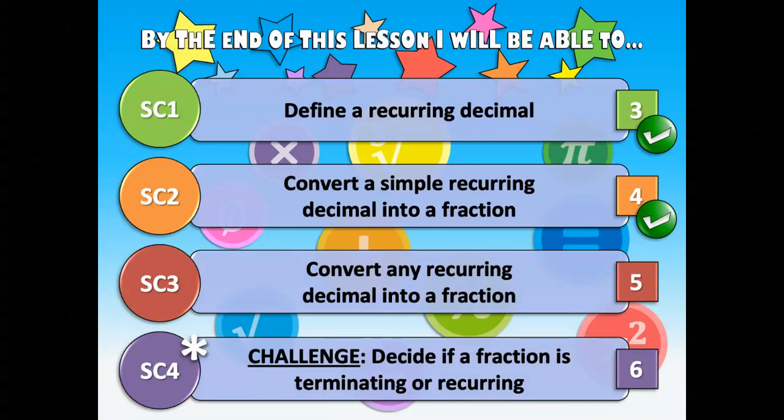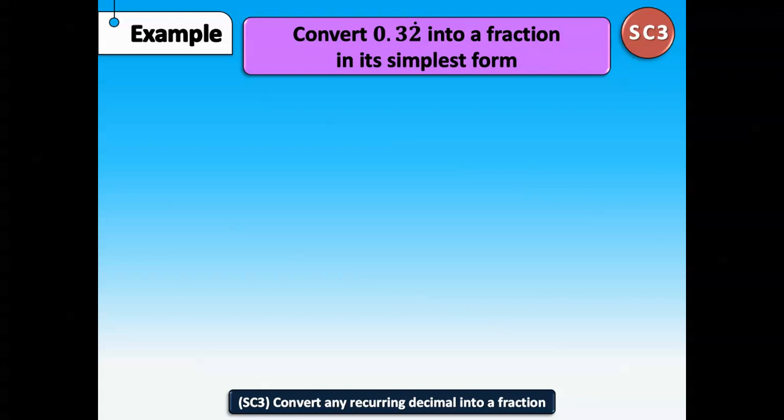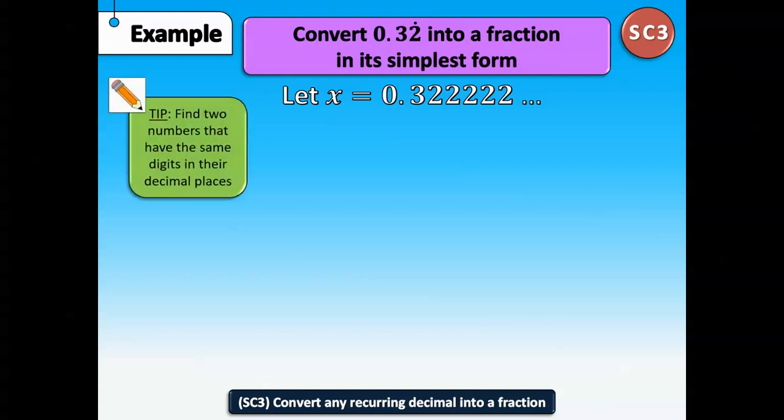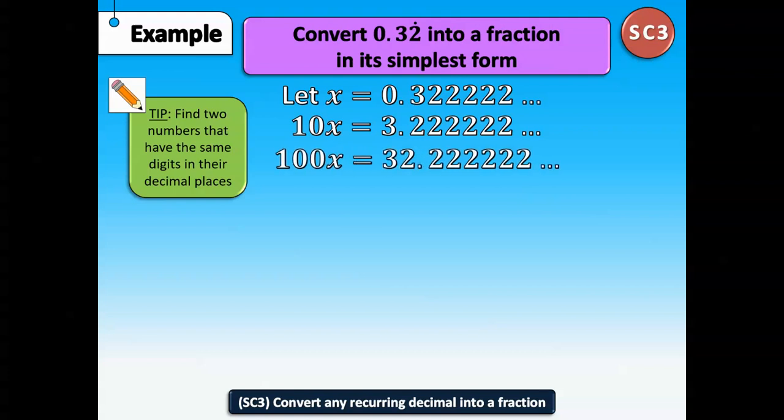So now we're going to move on to number 3, and this is to convert any recurring decimal into a fraction. So this time we want to convert 0.32 recurring into a fraction in its simplest form. So again, if we let x equal 0.32 recurring, then we want to find two numbers that have the same digits in their decimal places. So 10x would be 3.2 recurring, and 100x would be 32.2 recurring.